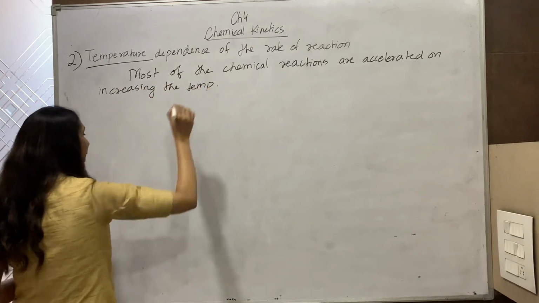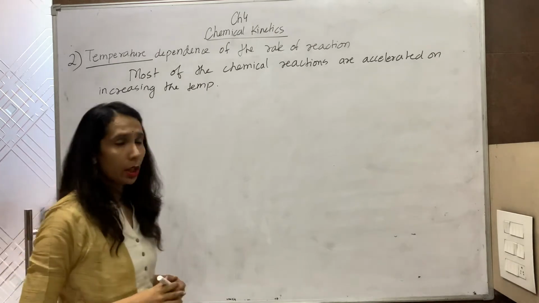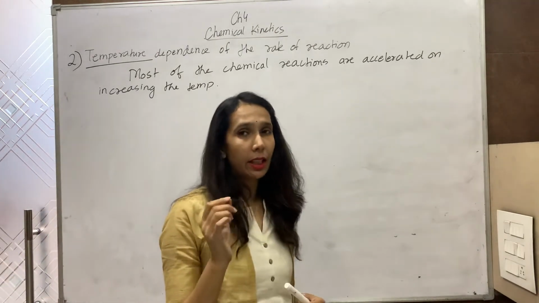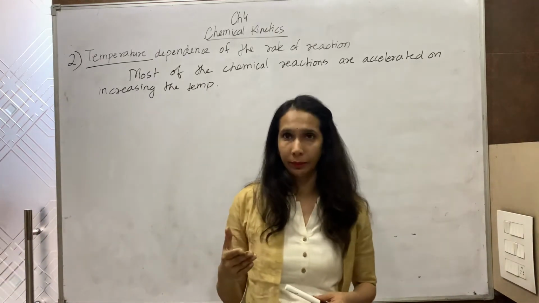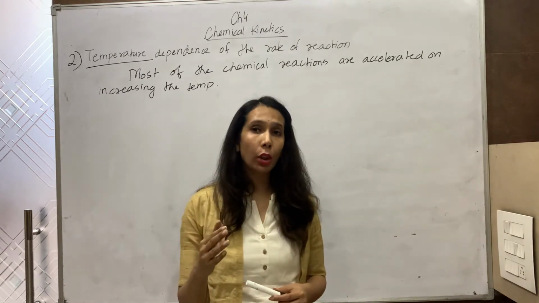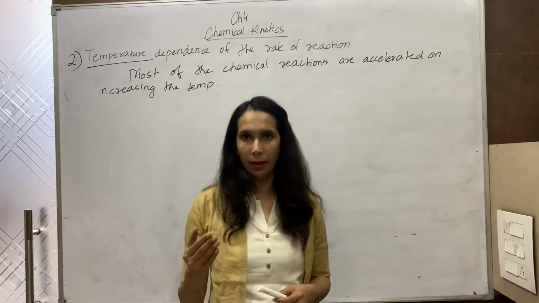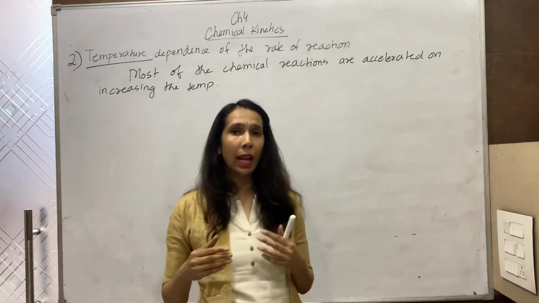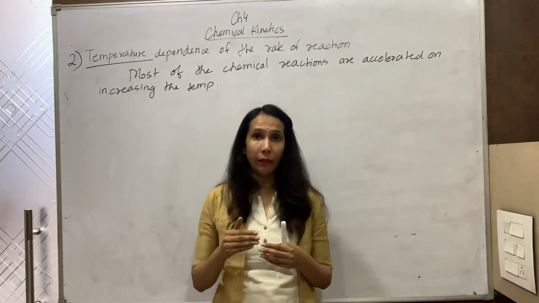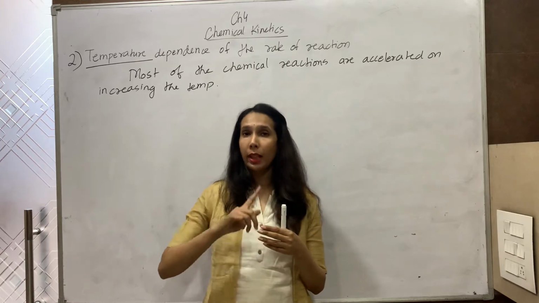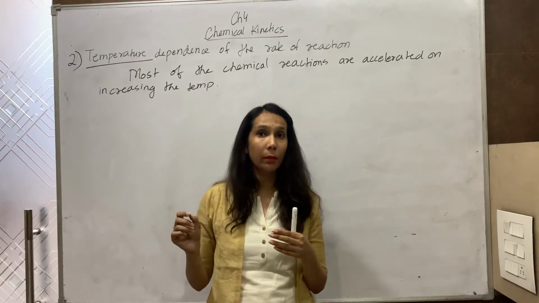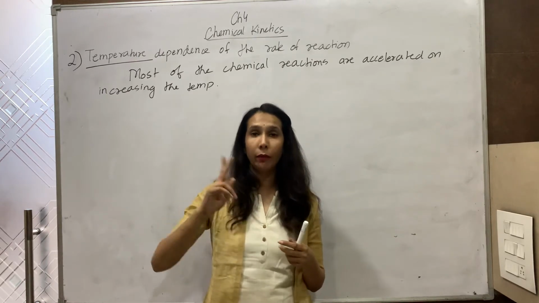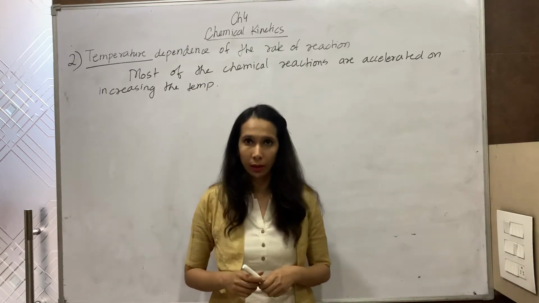It is roughly estimated that for every 10 degrees centigrade rise in temperature, the rate of reaction almost doubles. It is just a rough estimation. So whatever the rate of reaction is at 25 degrees, if I increase the temperature by 10 degrees, that means it becomes 35 degrees, then the rate of reaction will become double.